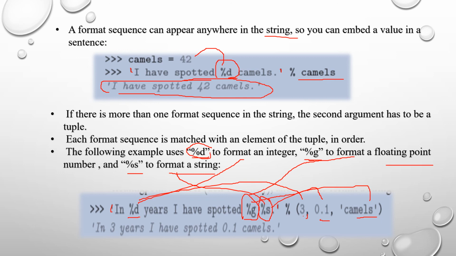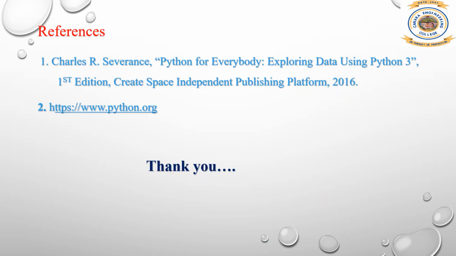This instruction gives: In 3 years I have spotted 0.1 camels. So here 3 is %d, 0.1 is %g, and camels is %s. These are some references. Thank you.